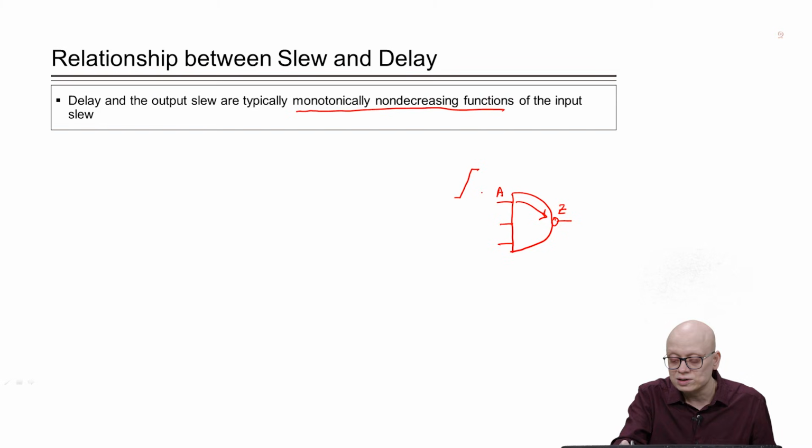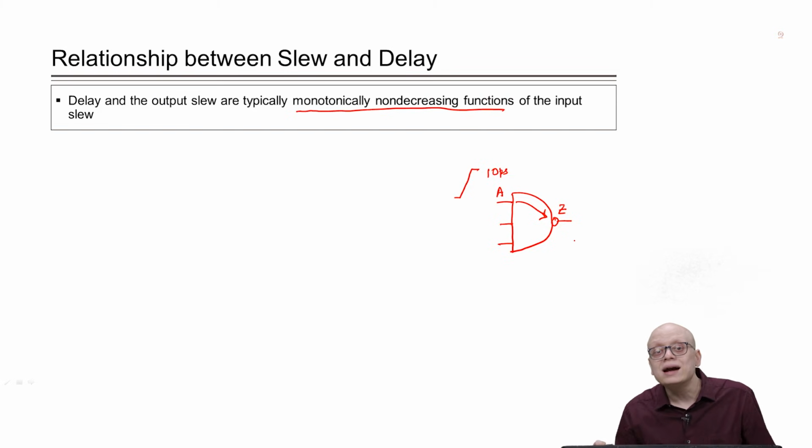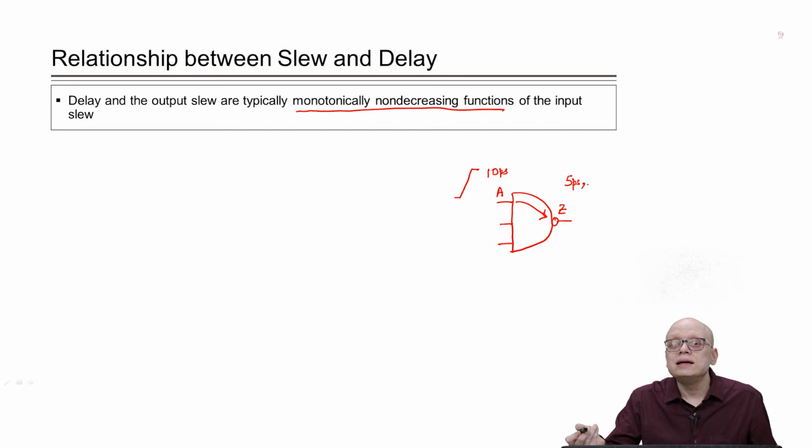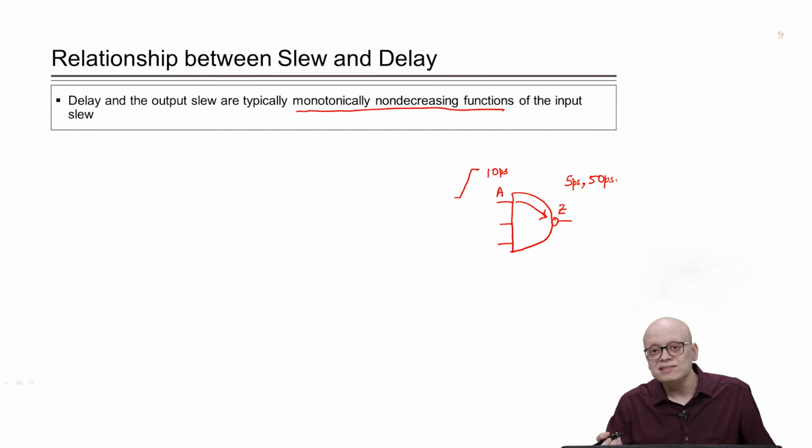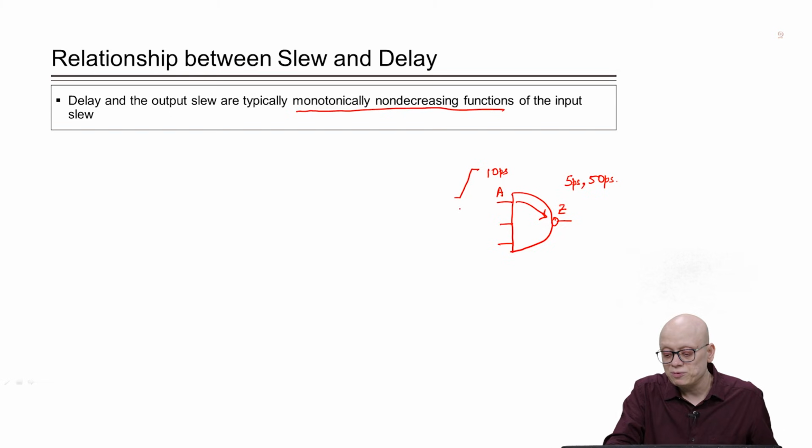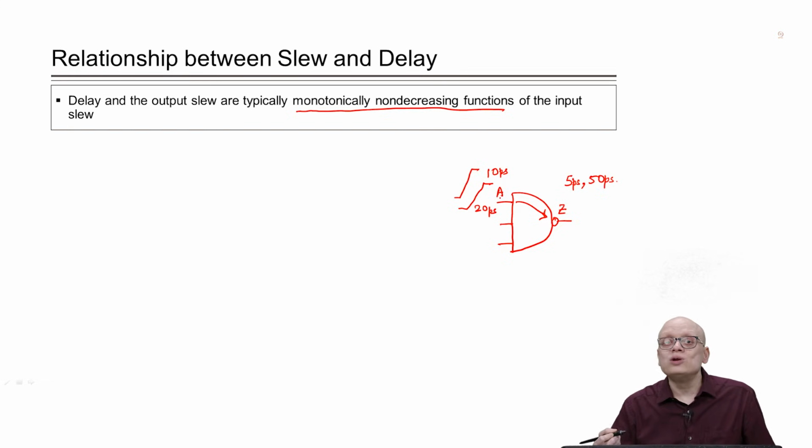suppose the input slew was, say, 10 picosecond initially, then there will be some output slew and delay. For example, the output slew will be 5 picosecond and the delay is, say, 50 picosecond. Now, if we increase the input slew from 10 picosecond to 20 picosecond at the input pin A, then the output slew will not decrease.